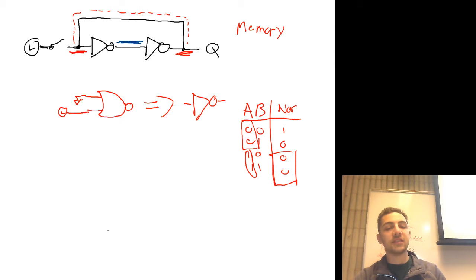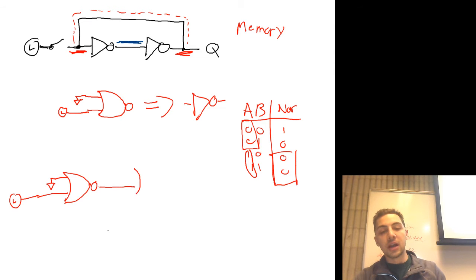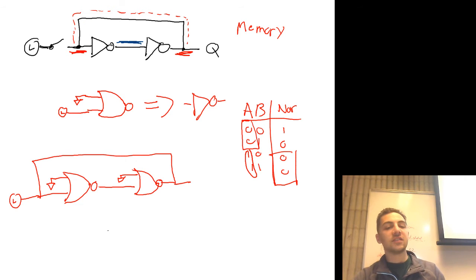So we augmented this by saying, all right, let's assume now that we have our logic input here going into a NOR gate, going into another NOR gate, and back around. This is the same circuit.